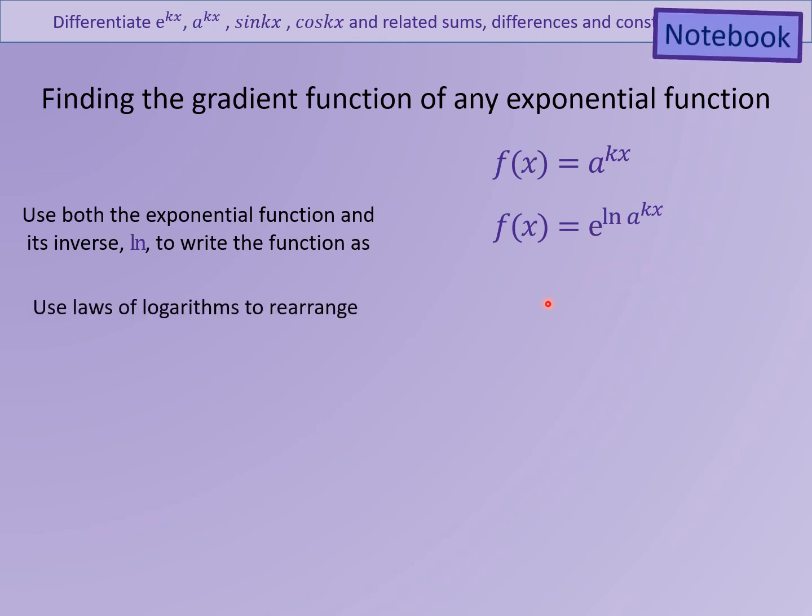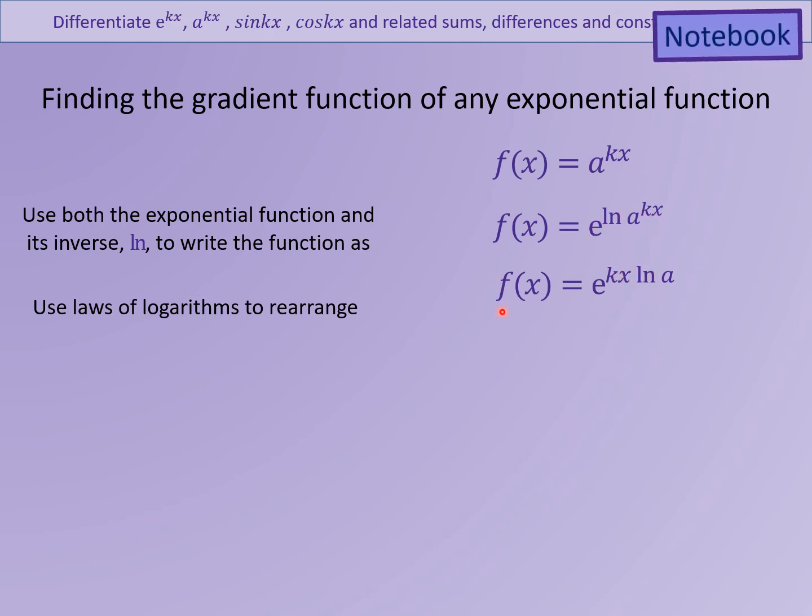Right, so what we can do now is use our law of logarithms. The law of logarithms says if you have ln a to a power, we can bring that power to the front. So we end up with e to the power kx ln a. So kx is just a number that we can bring to the front.